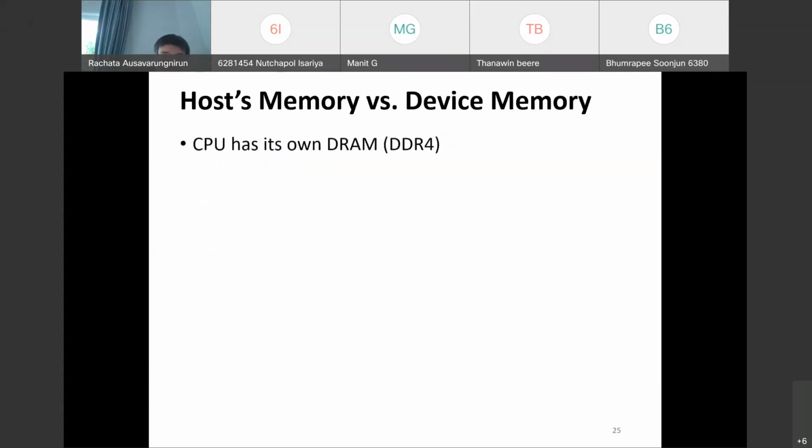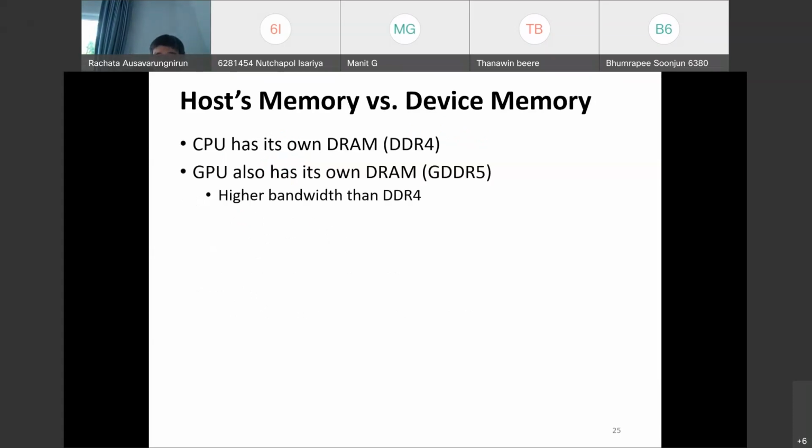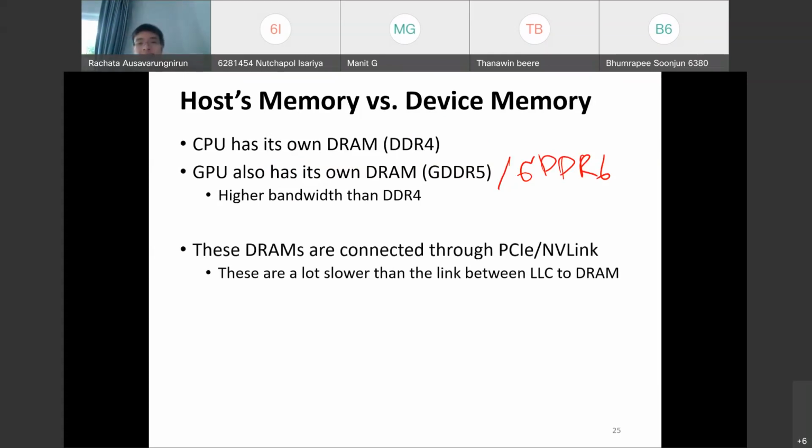So remember, when you run things on the GPU, the CPU has its own DRAM. The GPU also has its own DRAM. These days it is GDDR5 or GDDR6. The different technology gives you more bandwidth versus less bandwidth. It's a little bit faster as well. And these DRAMs are connected through PCIe, which is on your motherboard, or another thing called NVLink.